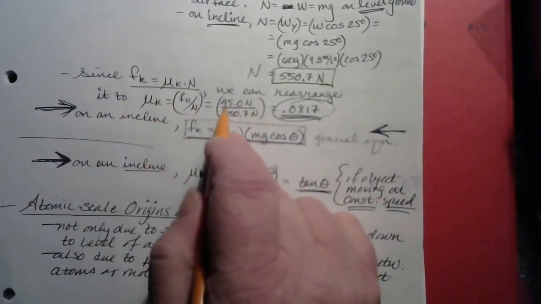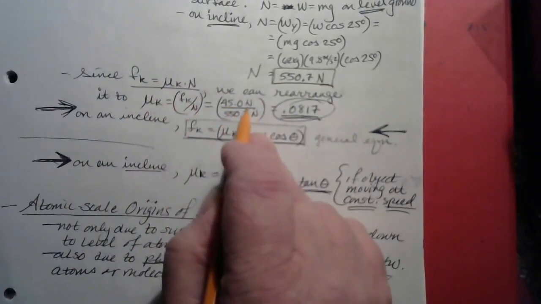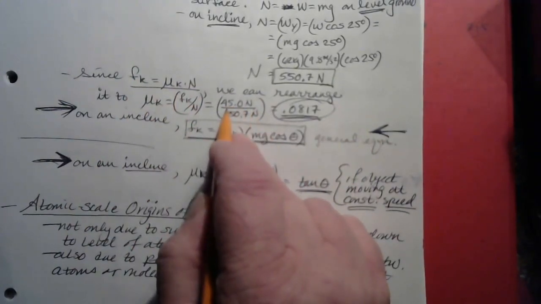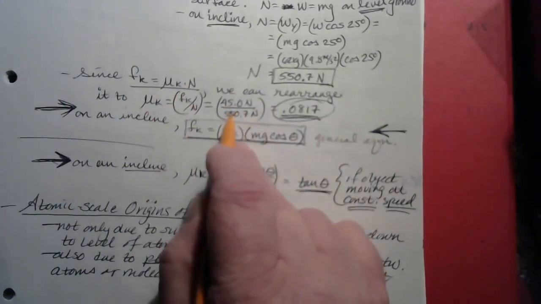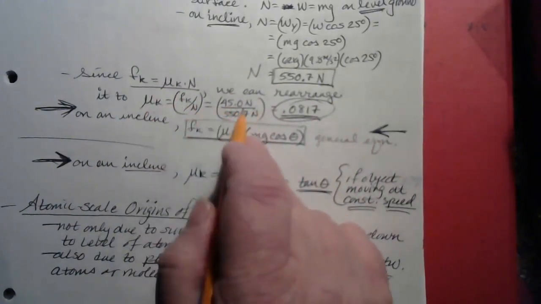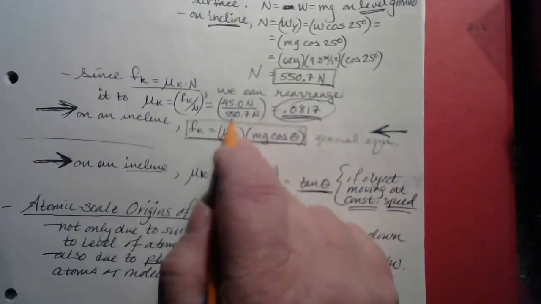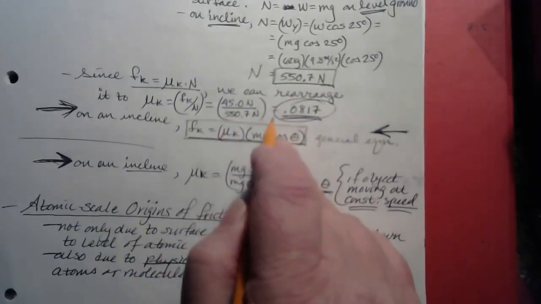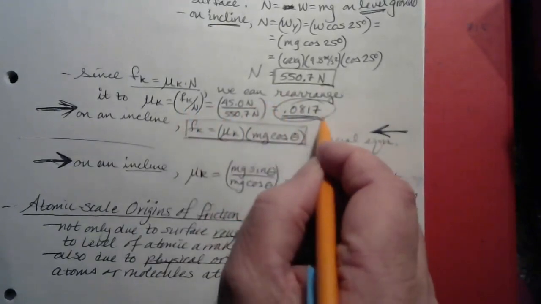They told us in the problem that the frictional force was 45 newtons. Since the skier is moving, that must be the force of kinetic friction. So that's F sub k over N, the normal force, which we just found, 550.7. And that gives us a coefficient of kinetic friction of 0.0817.